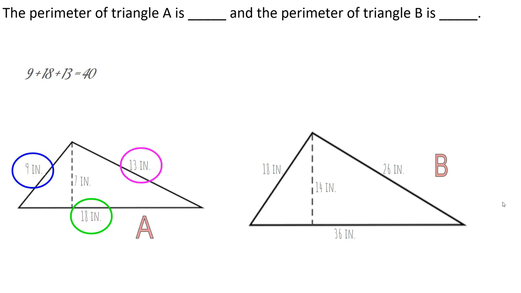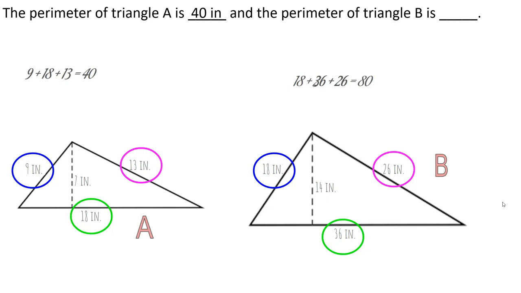For triangle B, we have 18 plus 36 plus 26. When we add 18 plus 36 plus 26, we have a perimeter of 80.